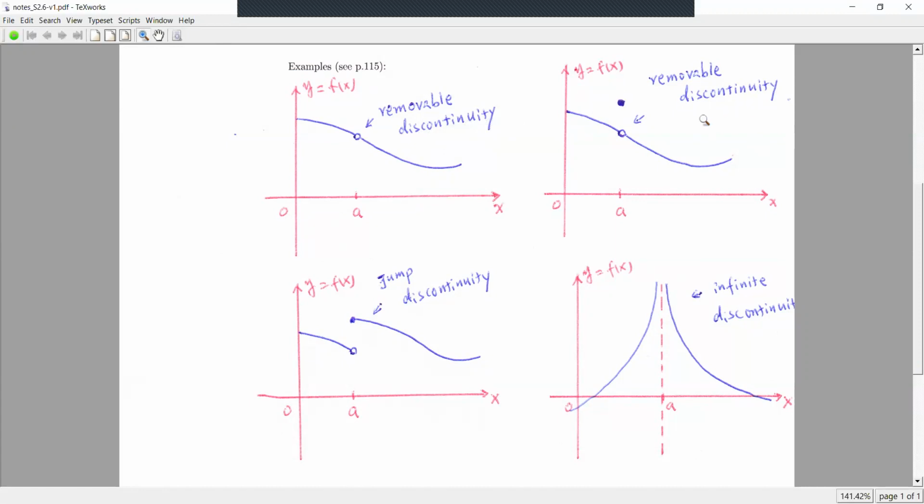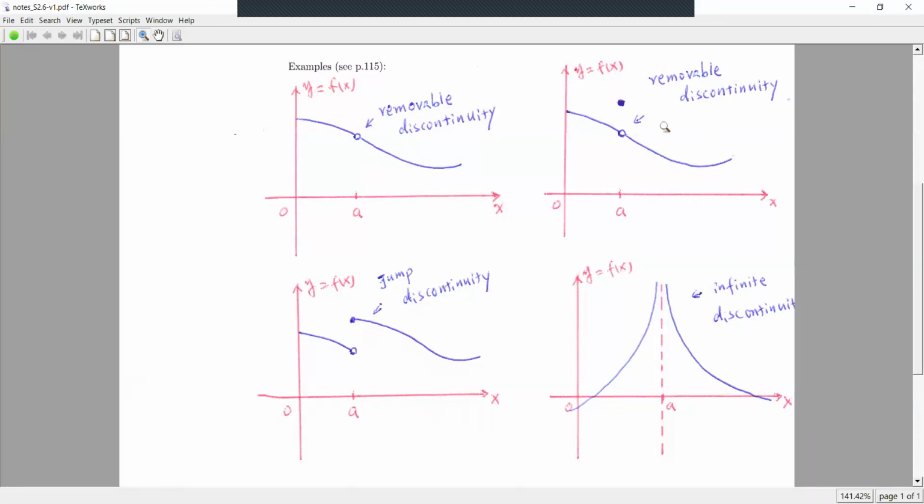In this diagram, the function f is continuous everywhere except at a point A. When we draw the graph of the function, at a point A, we have to lift up our pen, draw the solid point, then come back to draw the other part of the graph.